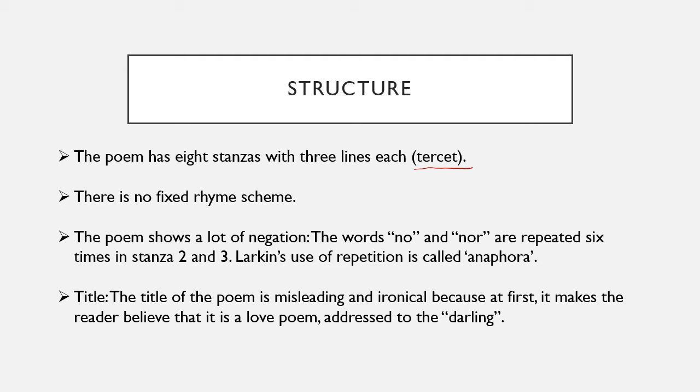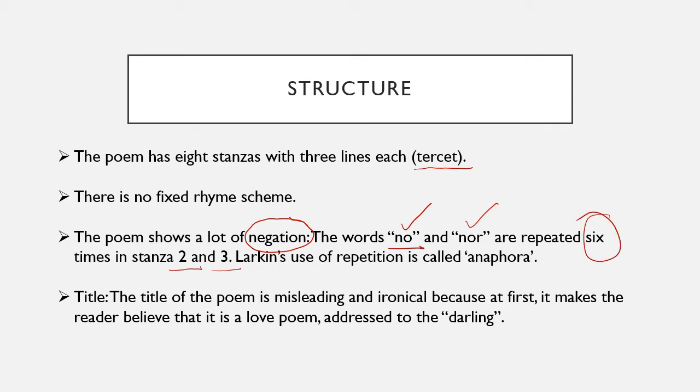There is a lot of negation as it is written over here. Negation means when there is a factor of no, not, never, haven't, doesn't. You will see that the words no and nor are repeated, and in stanzas number 2 and 3 only, they are repeated about 6 times.